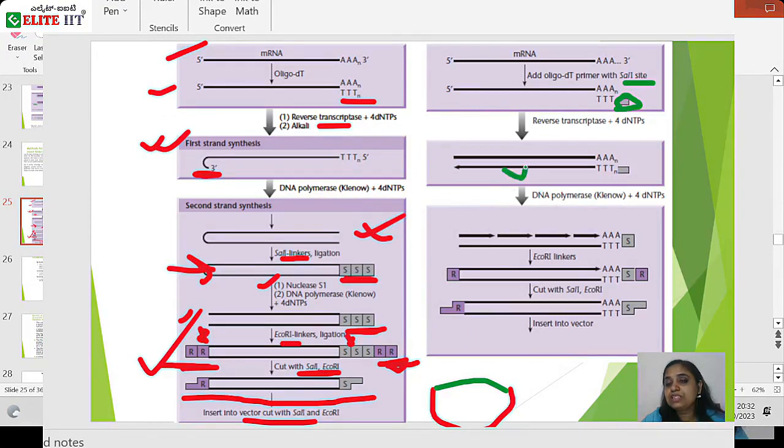So this is actually the cDNA. Now you have to add DNA polymerase. Then opposite to this cDNA, there will be synthesis of the second strand. But why is no hairpin structure happening here?